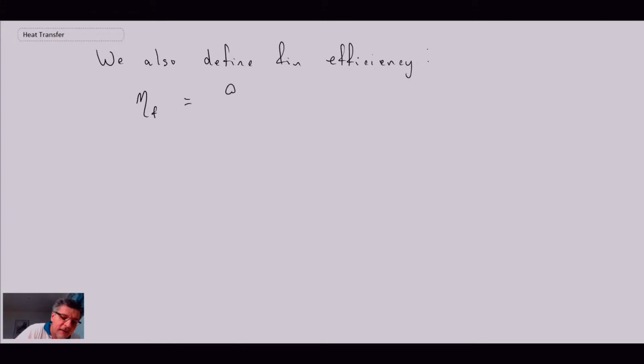That equals the actual heat being withdrawn by a fin, going through the base of the fin, divided by some hypothetical theoretical maximum. So Q_F is in the numerator, and this maximum is if the entire fin was at the base temperature.